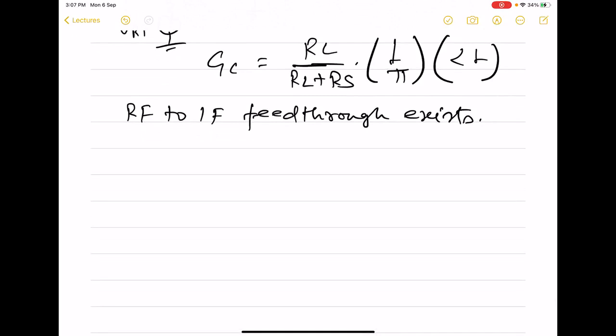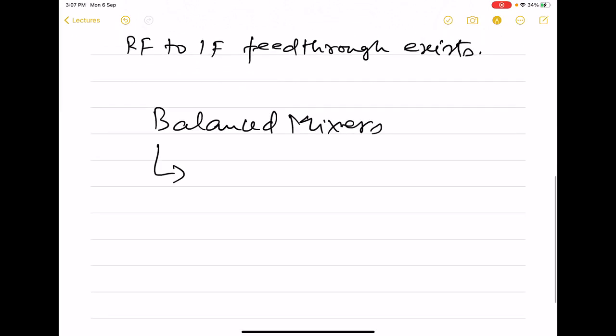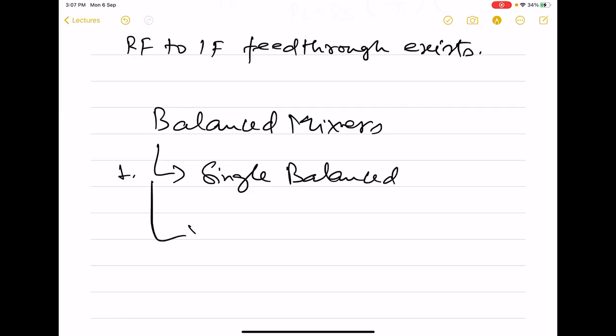So now what we are going to do, we are going to first talk about balance mixer, which has two different versions. First is single balanced mixer, and second is double balanced.